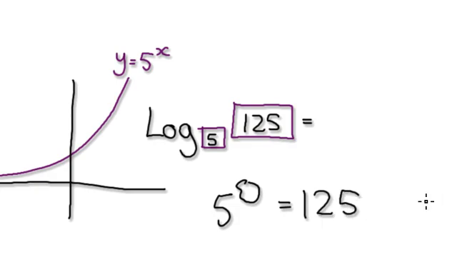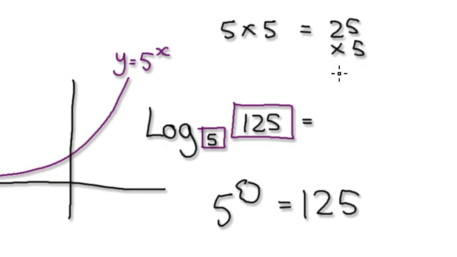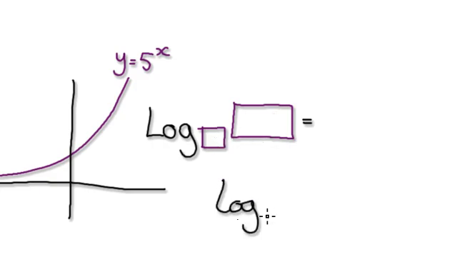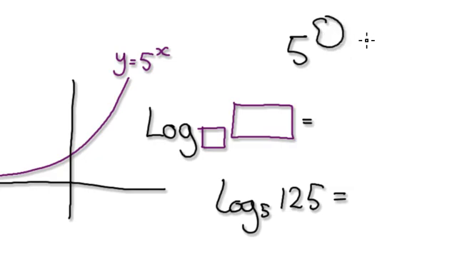So you just got to play around with it. 5 times 5 will be 25, and then if you times 5 again, yeah, the answer here would be 3. So when you see log base 5 of 125, you visualize 5 to the power of what will give me 125, and the answer here is 3.